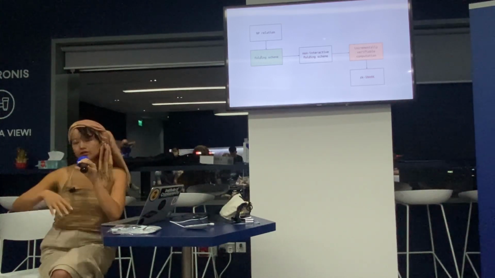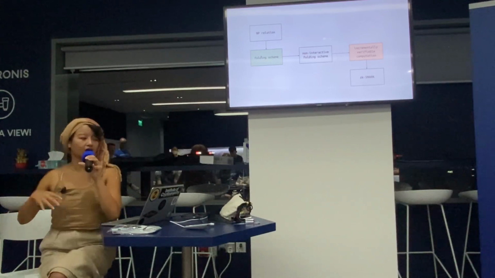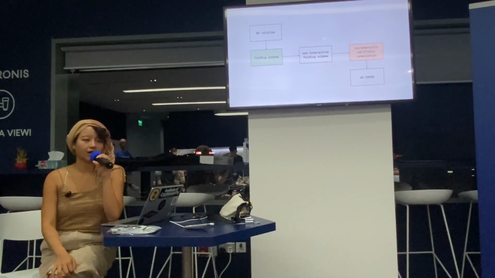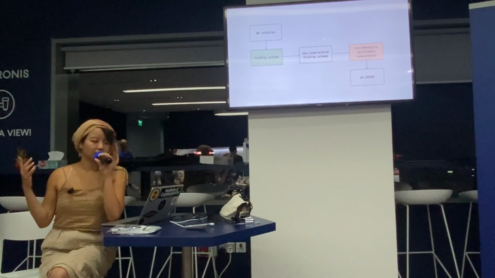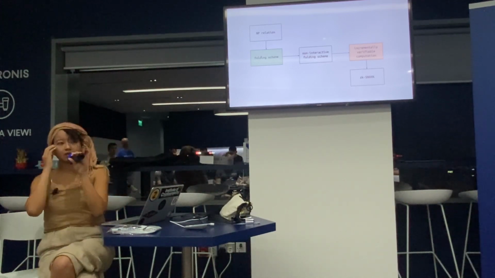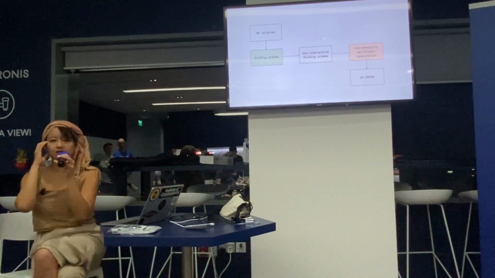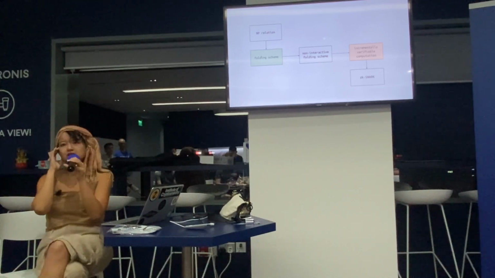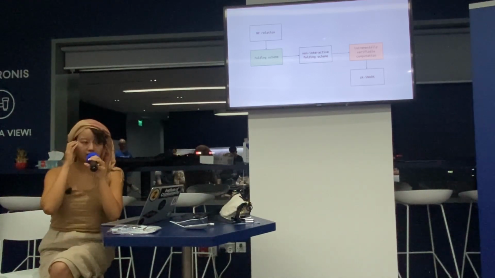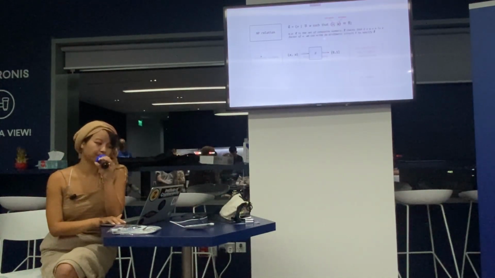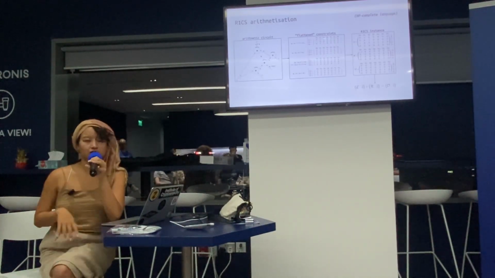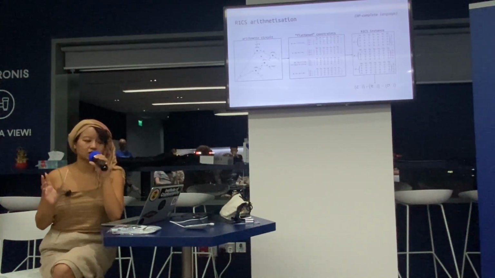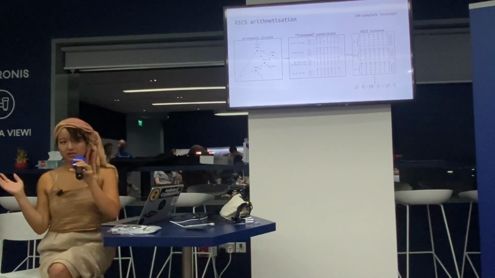A sort of orthogonal line of work is to extend R1CS and to make R1CS more general. And this recent result is called customizable constraint systems, or CCS, that instead of just using the R1CS matrices, uses some linear combination of multi-sets of matrices.